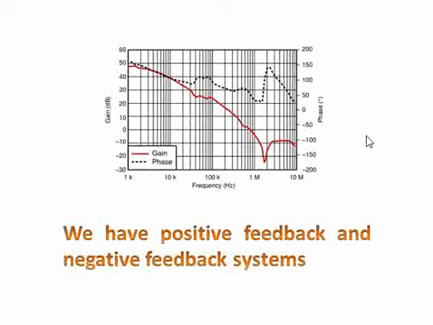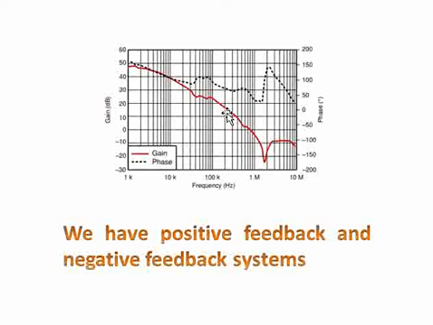Now, the regulators that we use in our applications have negative feedback. While we're talking about positive and negative feedback, what is the figure about? That we need to understand. Here, you see there are two lines.